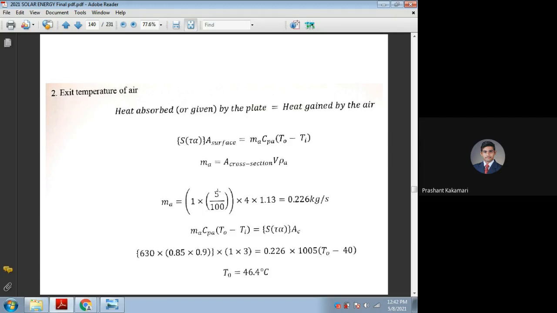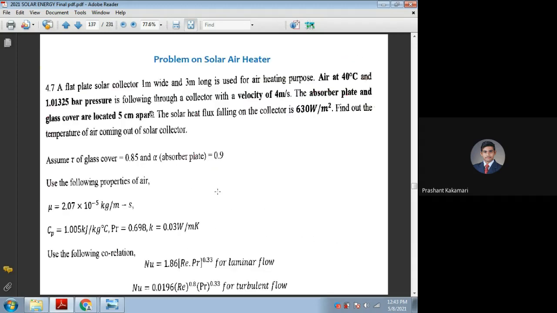Heat absorbed by the plate: solar incident radiation is 630 watt per meter square, into tau 0.85, alpha 0.9, into surface area, 1 meter by 3 meters, length into width of the plate, equals mass flow rate of air 0.226 kg per second, into Cp value of air 1005, into T naught minus T inlet. Inlet temperature is known to us, 40 degrees centigrade. Air at 40 degrees centigrade is given in the problem.